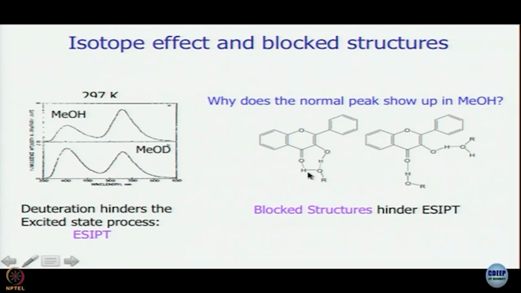So, just look at this. If there is a hydrogen bonding between this carbonyl oxygen and a neighboring alcohol molecule, then what will happen? It will be difficult for it to hydrogen bond with another proton and accept it. So, block structures hinder ESIPT, that is something that is known.